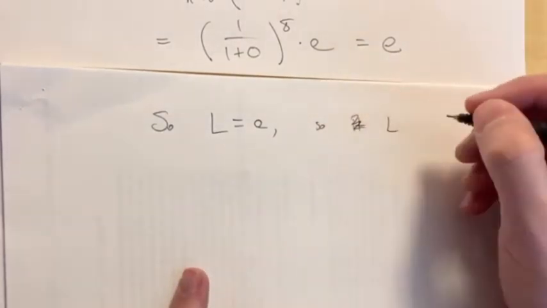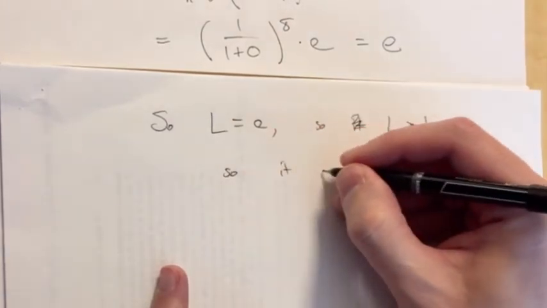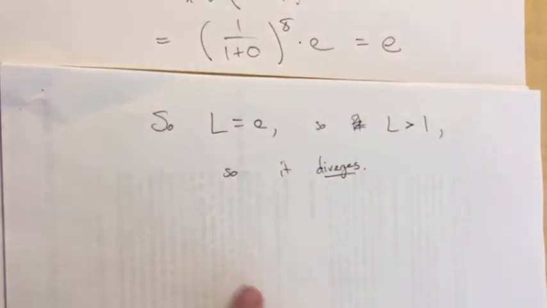Remember, if L is greater than 1, then it diverges. And I suppose you have to remember that the number e is greater than 1. It's 2 point something something. I don't know the digits of e, but I know it's around 2. L equals e, so just for clarity, L is greater than 1, so it diverges. This is the ratio test.